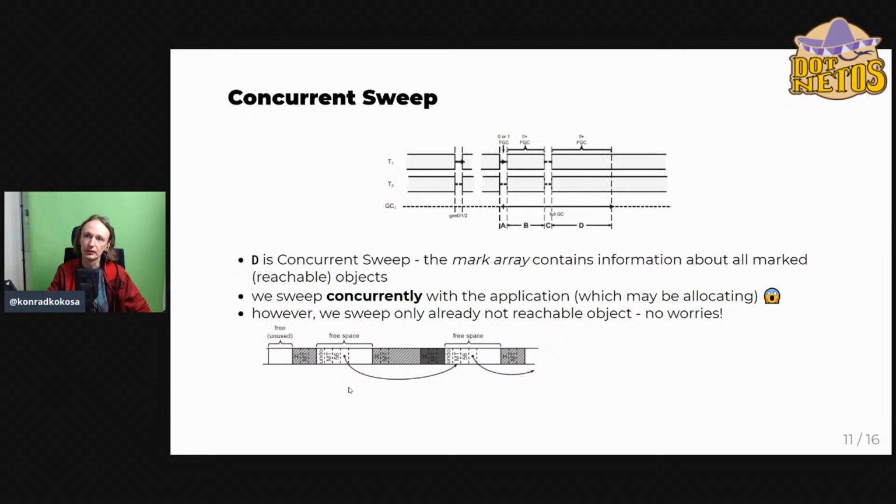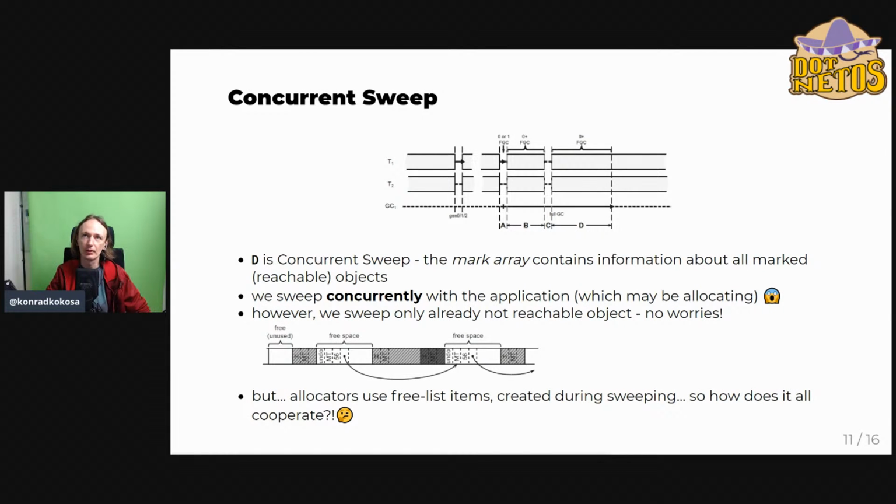So from this part it is safe. But there is another part which makes it a little bit more complex, because as I said, allocators are using these free list items which are created during sweeping, because this is the goal of sweeping. We are threading the gaps into the free list items.